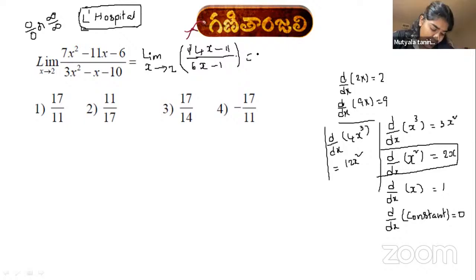It's negative 3 over 11. How? We are plugging in x is equal to 2. 14 times 2 is 28 minus 11. Oh, sorry, 14. I thought it was 4.